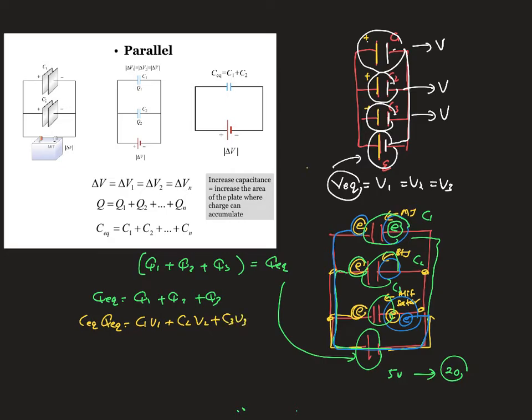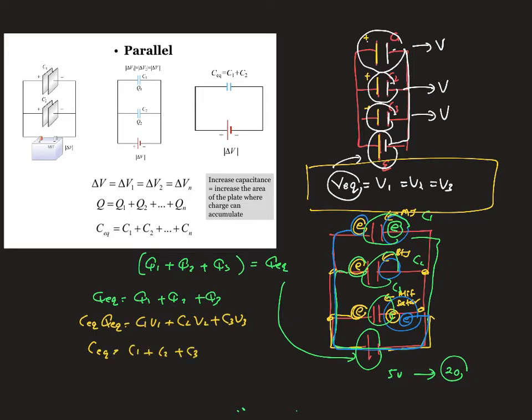Like I mentioned before, the voltage is the same for each capacitor because each capacitor is directly connected to the battery. That's the reason why you get your final formula: C equivalent equals C1 plus C2 plus C3.